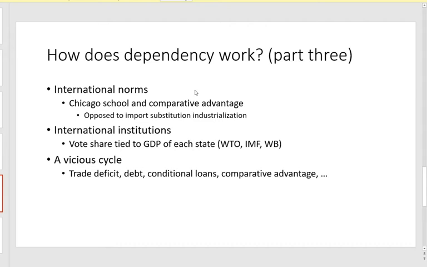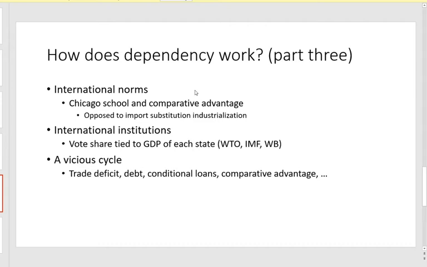In the UN, every state gets one vote. In the IMF and the World Bank and the World Trade Organization, the amount of votes you get is directly tied to your contribution. And your contribution is less than 1% of your GDP, right? And so if you have a larger economy, you get more votes in those international institutions.